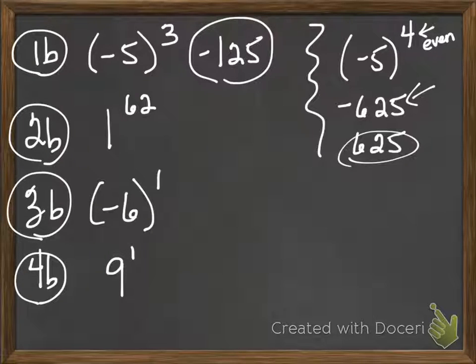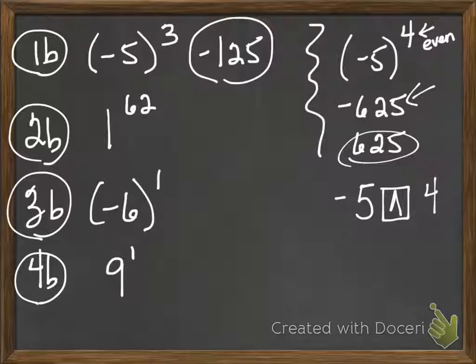Because it's not negative 625, it is positive 625. Does anybody know why your calculator is giving you a negative? Nobody? All right, I'm guessing if you got a negative, then you did not use parentheses.